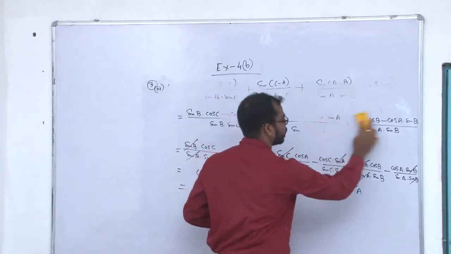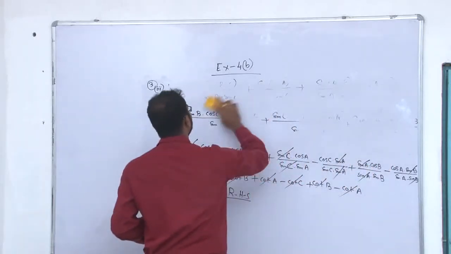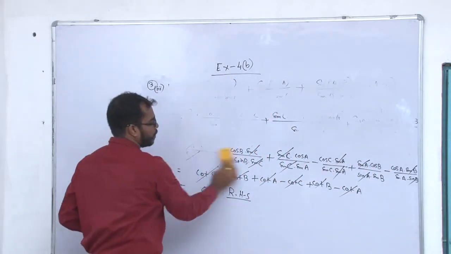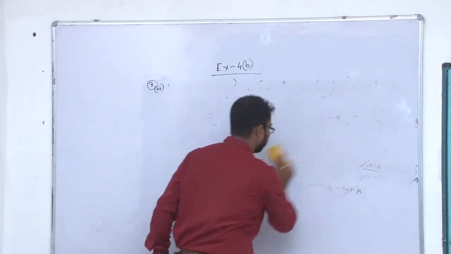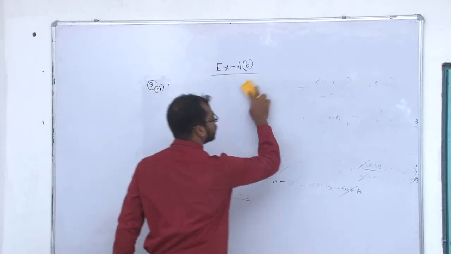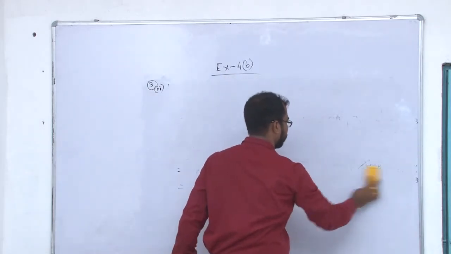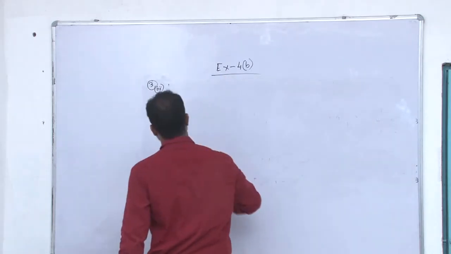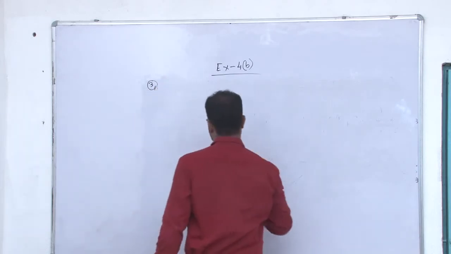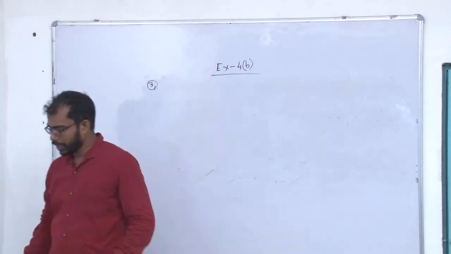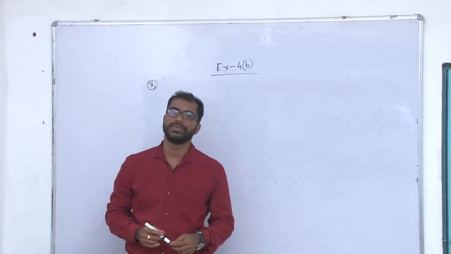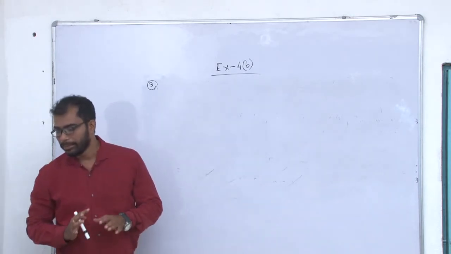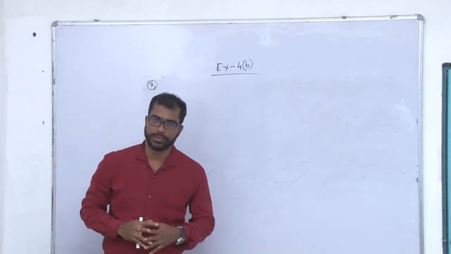In all these questions of question number 3 we applied the addition and subtraction formulas. So question number 4: tan square a minus tan square b is equal to sin(a plus b) into sin(a minus b) by cos square a into cos square b.